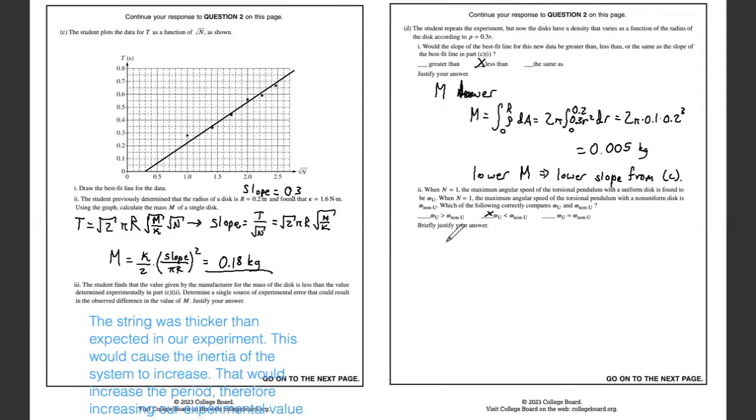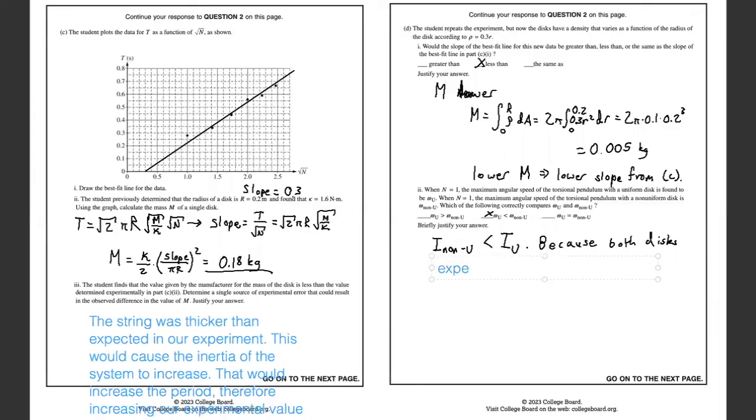All right, if we take a look at part 2, you can apply a similar idea. You have a lower mass, so you would expect the inertia of the non-uniform case to be lower. I non-uniform is less than I uniform. I'm just going to move to typing because it's faster.